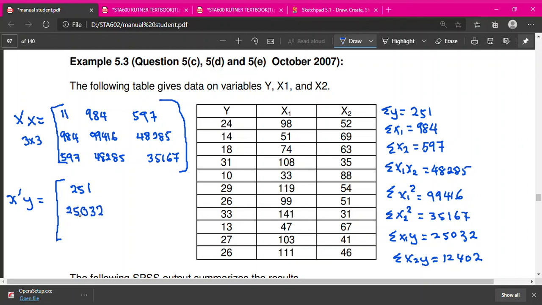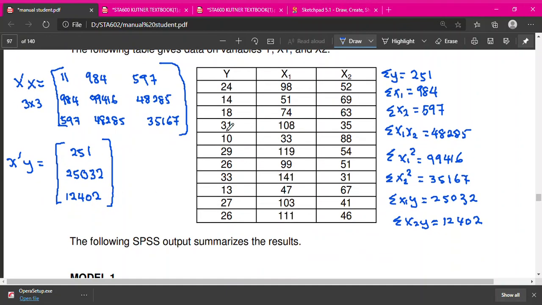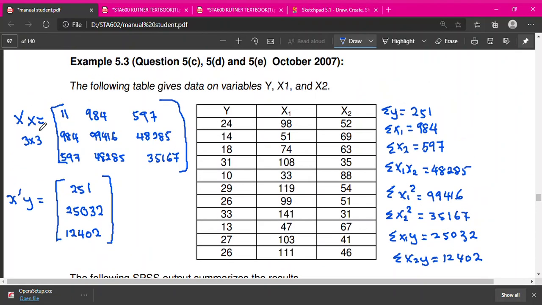Summation of x2 y, 12402. Okay, so we have these two matrices, you can calculate. We can apply the formula of beta equal to X transpose X inverse multiply X transpose Y.